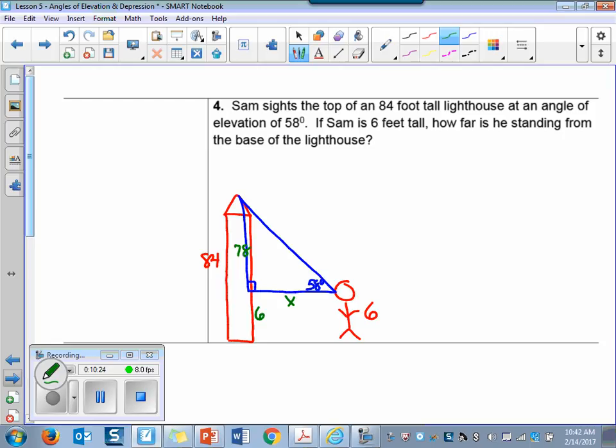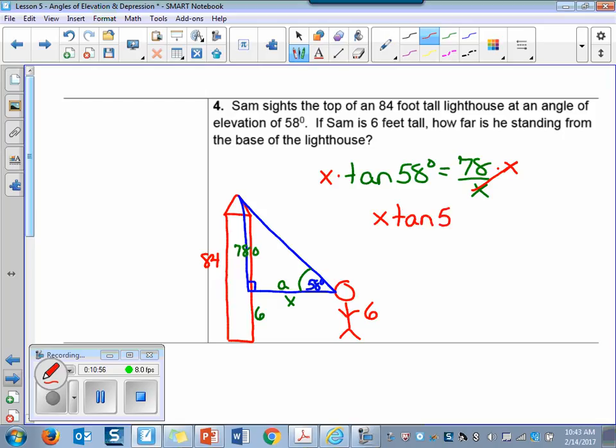Yet another tangent example. However, on your homework, you definitely have sine and cosine problems. So don't think they're all tangent. They are not. All right, tangent of 58 degrees will equal my opposite over my adjacent. 78 over x. I need x on top of the fraction, so I'm multiplying both sides by x. X times tangent of 58 degrees equals 78.